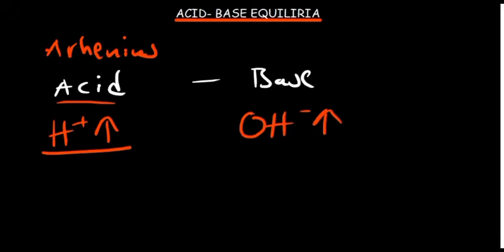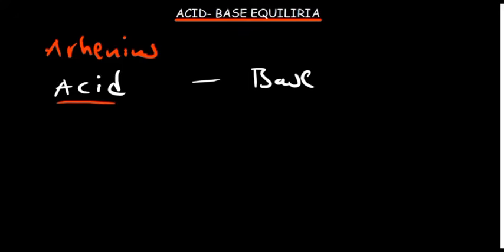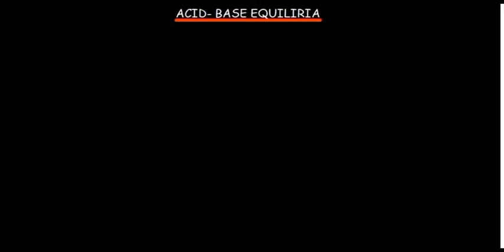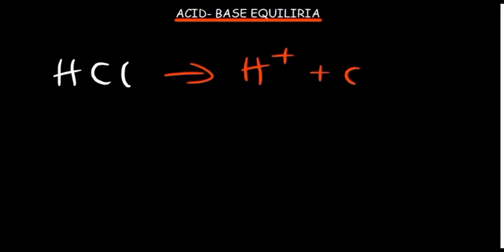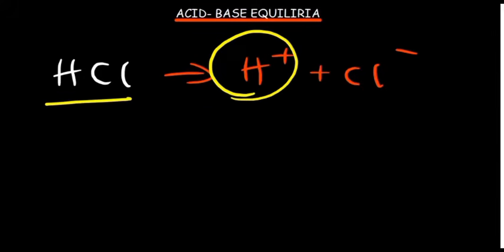So adding an equation to show that, how basically can we show it? So what we can say is, for example, if you have HCl as an acid, according to Arrhenius, this is going to dissociate into a hydrogen ion and a chloride ion. So the fact that the acid is basically losing that hydrogen, it is increasing the concentration of that in the solution. So that is the definition of an Arrhenius acid. Okay.